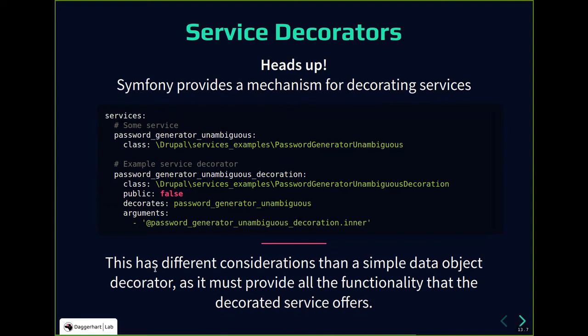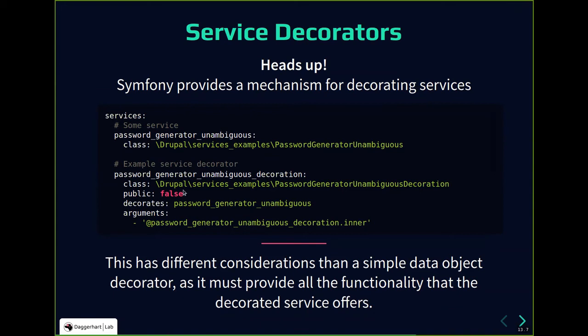And it means the same thing. It means that we are going to create one service class that wraps another service class in order to change its behavior or extend its functionality. But the actual implementation of it is a little tricky, because when we do that, we have to provide all the original functionality of the thing we wrapped as a part of our decorator.